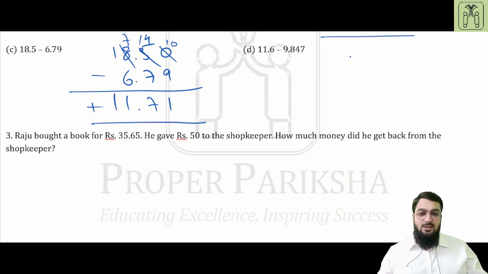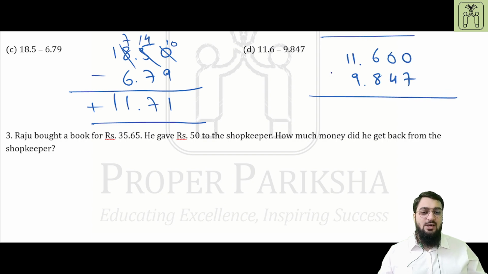Coming to part D, that is 11.6 minus 9.847. Again, two zeros will be added to make it look similar, and then the minus sign will be added. After that, this will become a 5, this will become a 10, and then a 9, and then this will become a 10.